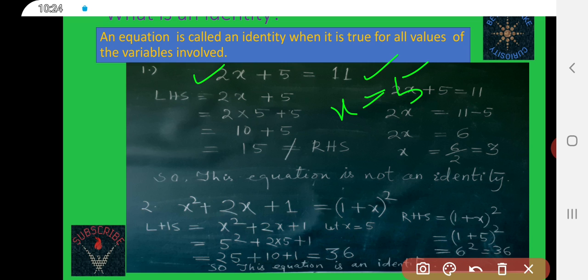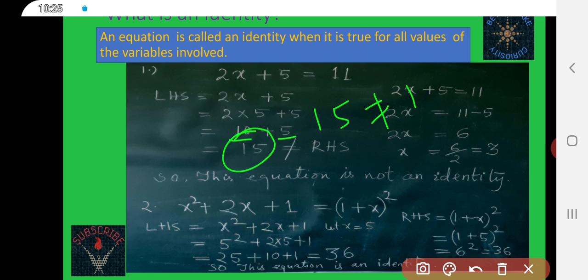Put the value 5 in place of x. LHS: 2x plus 5, with x equal to 5, is 2 into 5, 10, plus 5, that is equal to 15, which is not equal to the right side, 11. So here 15 does not equal 11.